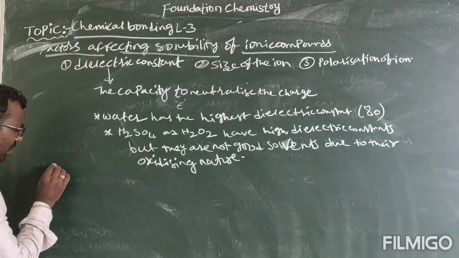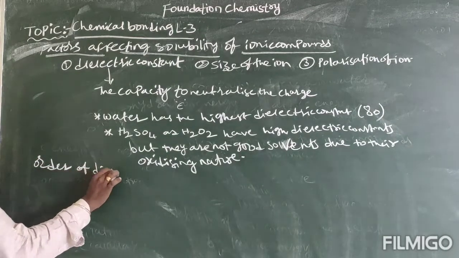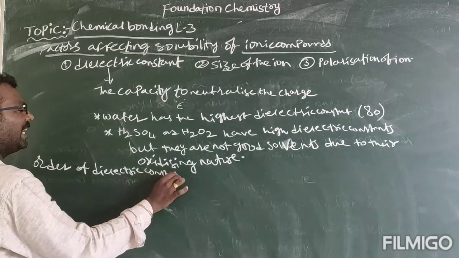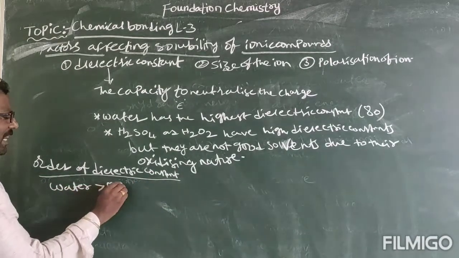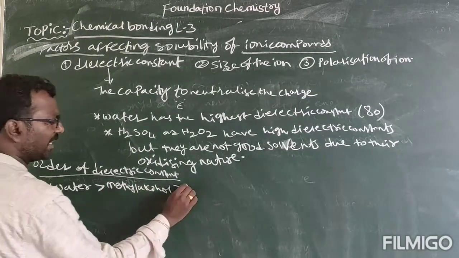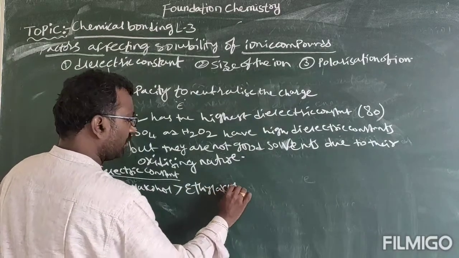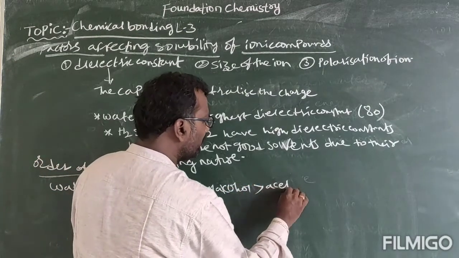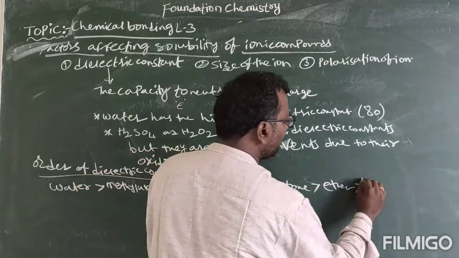Generally, the order of dielectric constants is: water is greater than methyl alcohol, and methyl alcohol is greater than ethyl alcohol, and ethyl alcohol is greater than acetone, and acetone is greater than ether. Ether is greater than benzene.